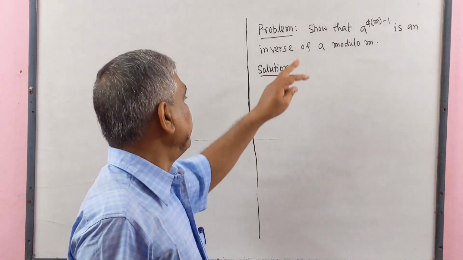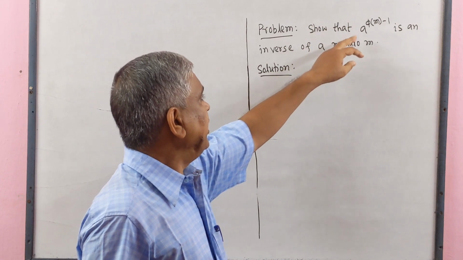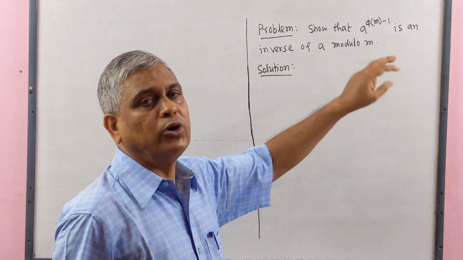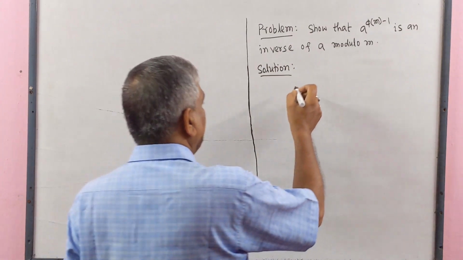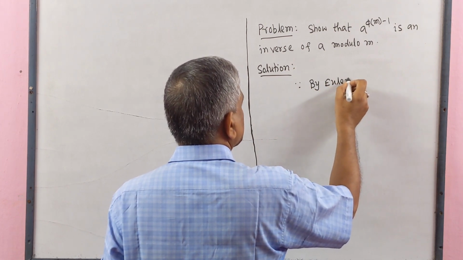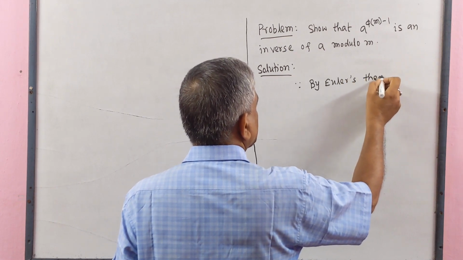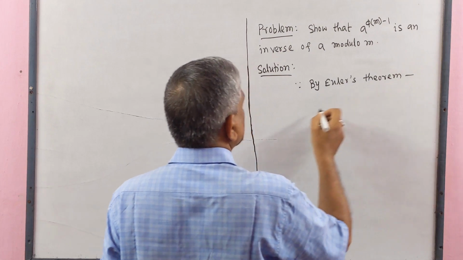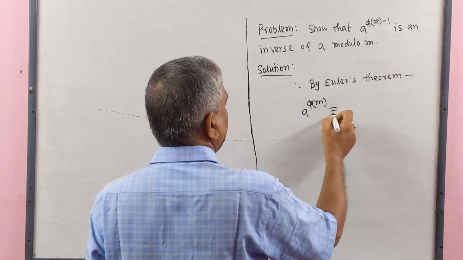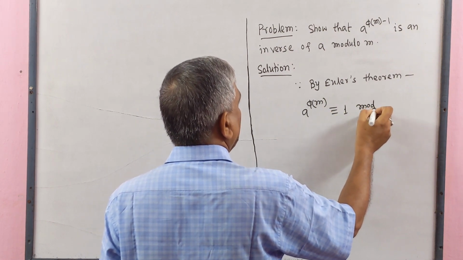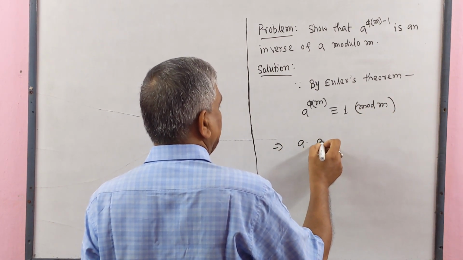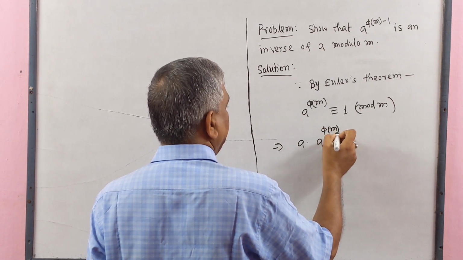Now we solve the next problem. Problem is, show that A to the power phi m minus 1 is an inverse of A modulo m. Since by Euler's theorem, A to the power phi m is congruent to 1 modulo m, which implies that A multiplied by A to the power phi m minus 1.